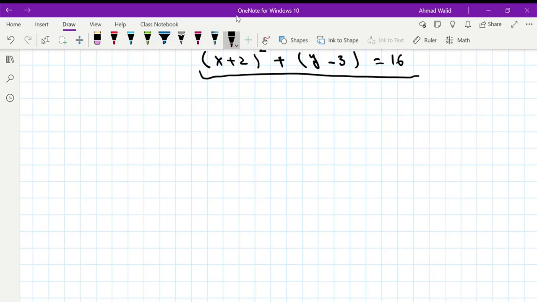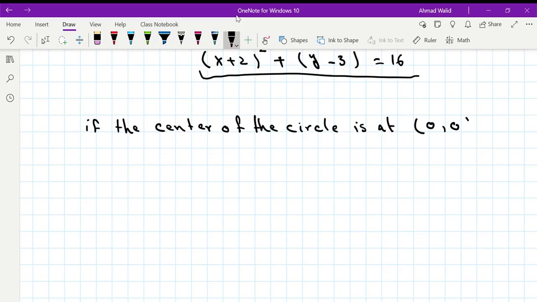Now, in the formula, I don't want to make it more for you, but this is a simple form. Let me explain to you. If the center of the circle is at 0, 0, it means the center of your circle is here at the origin, like this, 0, 0.